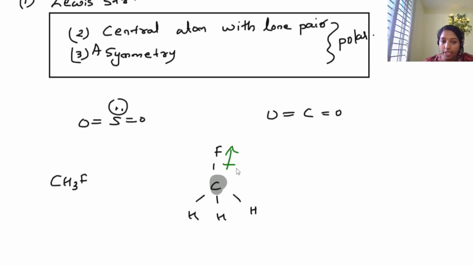So there will be a net polarity. That's why we say asymmetry. In CH3F, one is fluorine, not hydrogen. So if it is this kind of asymmetric molecule, or a central atom with a lone pair, you can consider it polar. In that easy way, you can quickly tell whether the molecule is polar or non-polar.